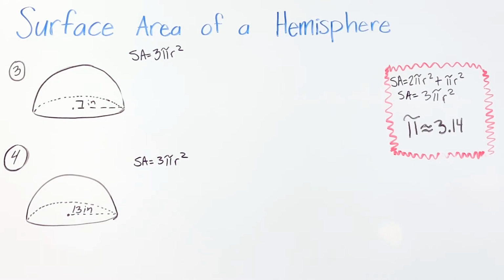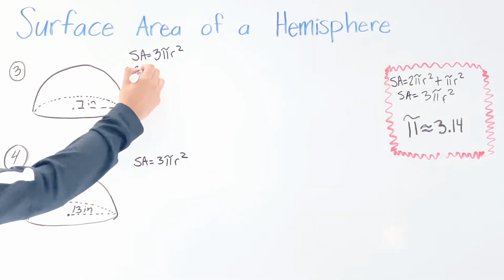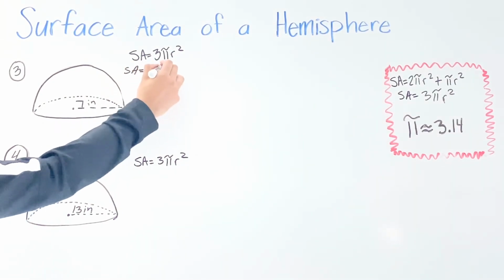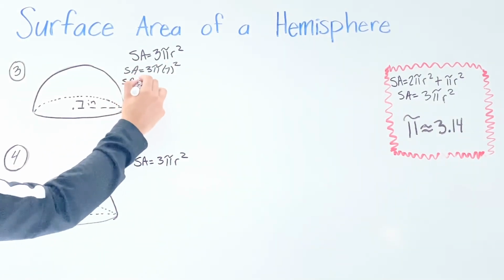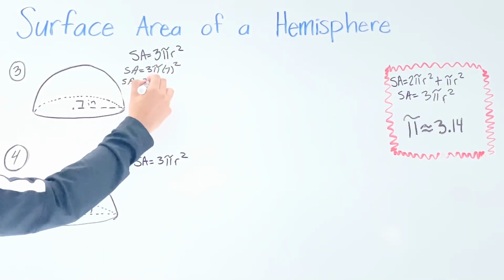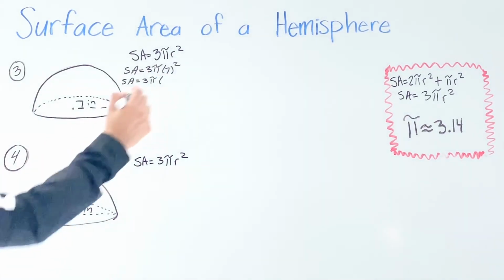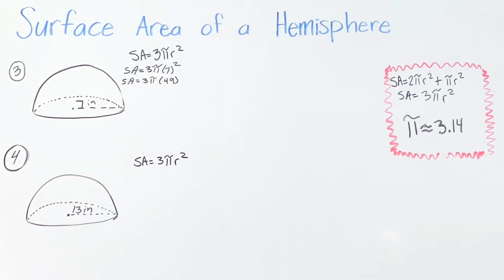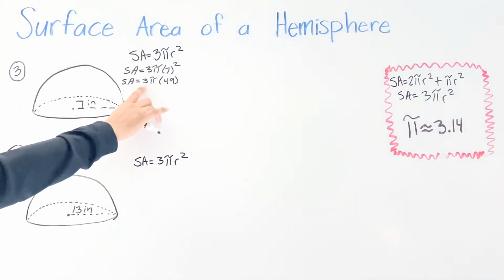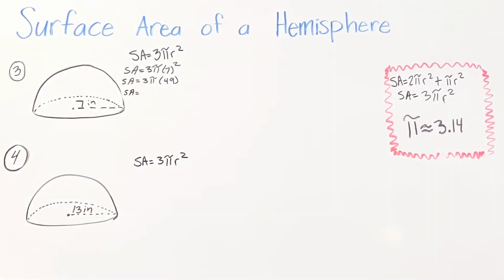So for number 3, we're just going to input 7 for our radius. So we have 3 pi, 7 to the second power. And then we multiply 7 times 7, and we have 49. Then we multiply 49 times 3.